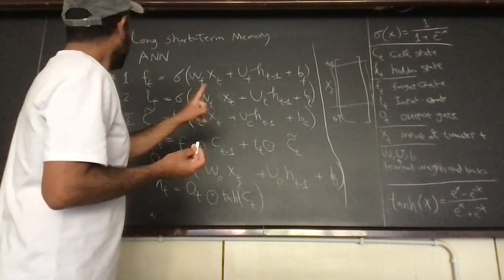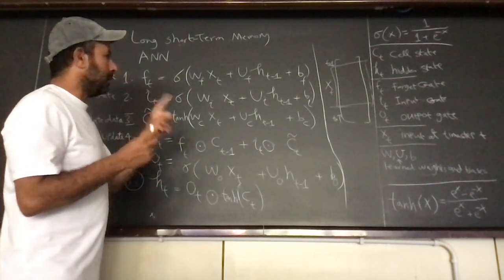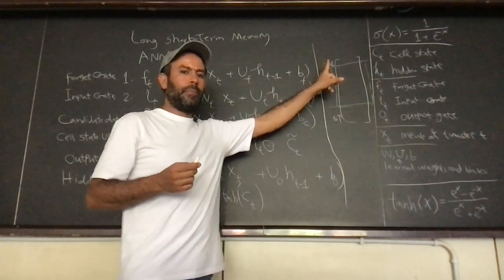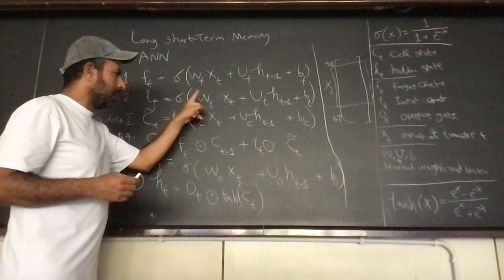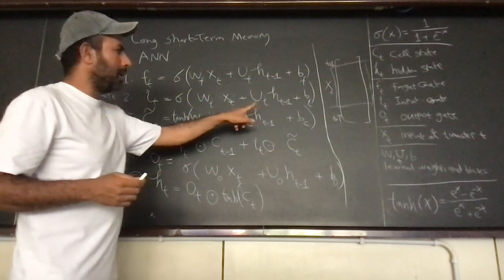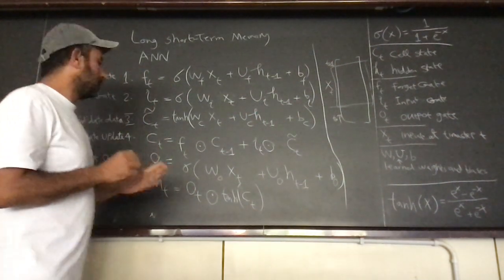That's it. We make a looping. Each time we take one time step to update the system, the weights of the inputs, and the weights for the hidden state. Let's make a very quick revision.